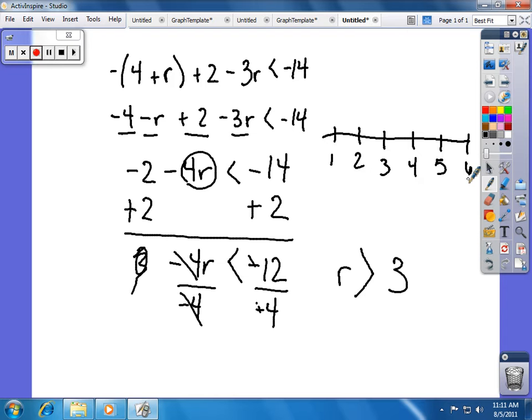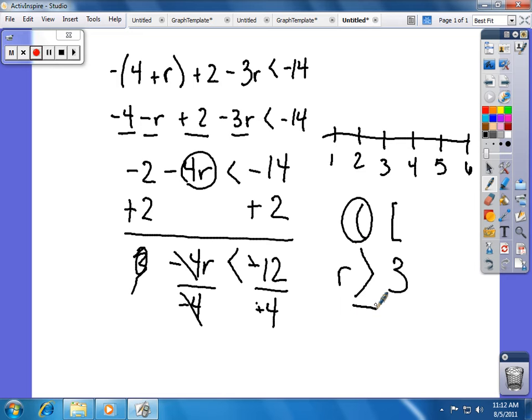Alright, so obviously the graph will start at 3. To determine whether that is an open bracket or a closed bracket, you look at the inequality symbol. If the inequality symbol does not have a line under it, you use an open bracket.